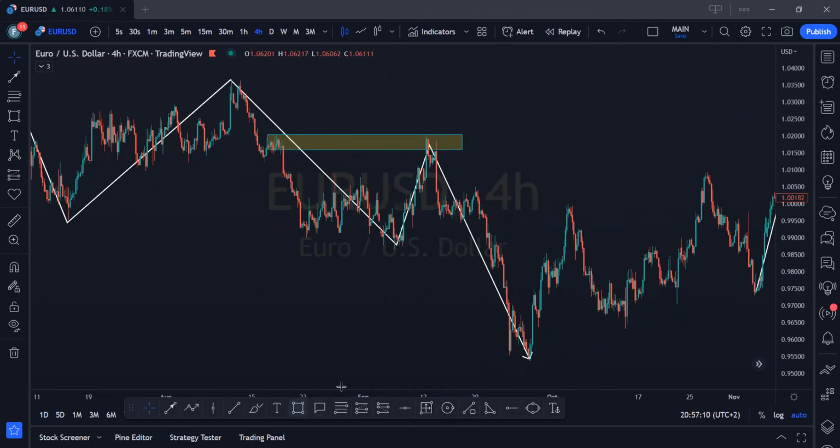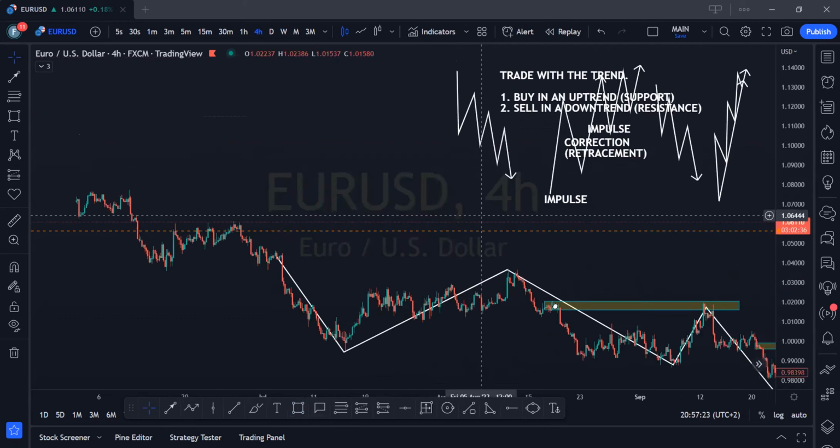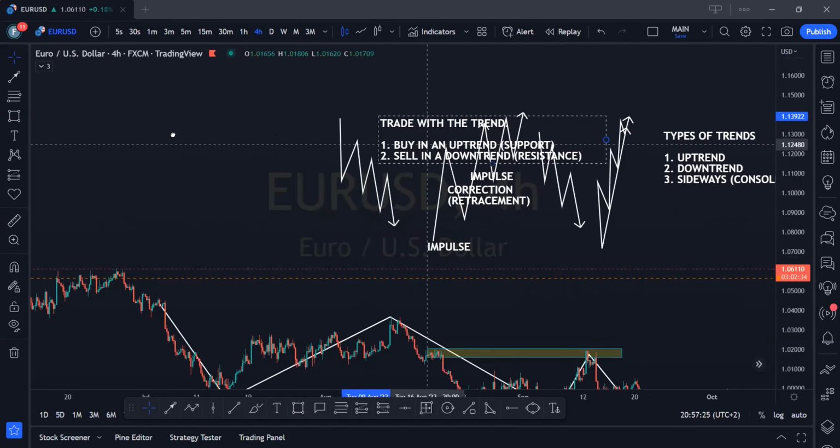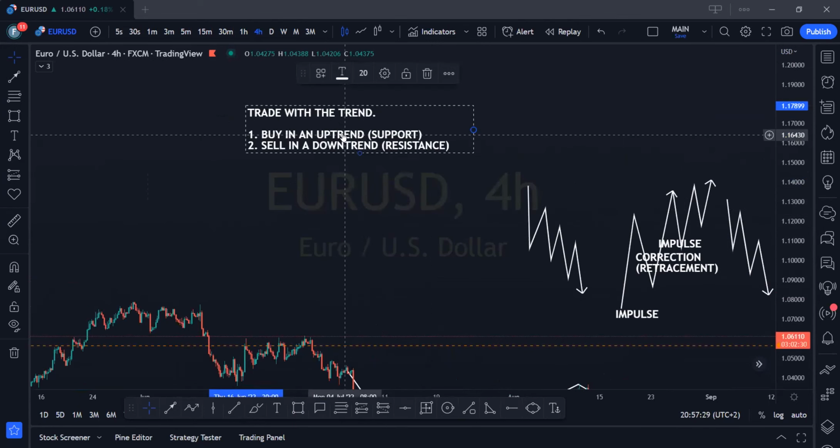Okay, and then you sell. When price aligns in a resistance, okay, you look for sells. All right, so we buy in an uptrend, and then we sell in a downtrend. You are trading with the trend.